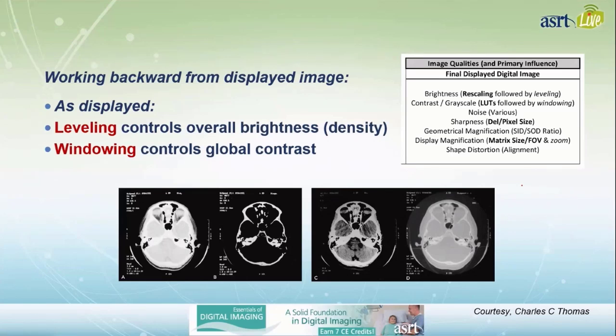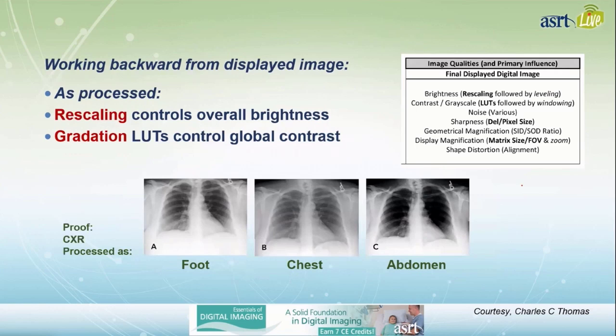You can see that leveling on the left, using a CT image, controls the brightness, and it's very dramatic. On the right, we see that windowing, or window width, controls the global contrast, and we see a very dramatic change there as well. So we can make tremendous changes in the appearance of the image contrast by windowing and leveling.